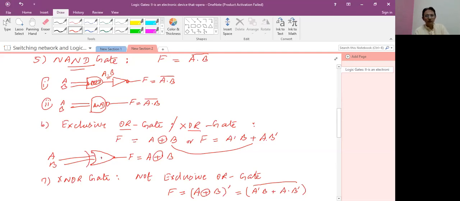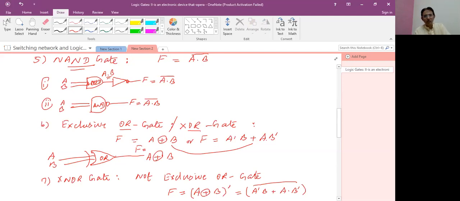The XOR gate is represented as follows. First we draw an OR gate and connect A and B as inputs. So f is equal to A exclusive-OR B. This line represents the XOR gate, meaning exclusive OR gate.